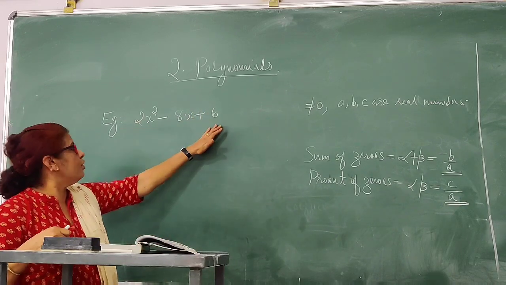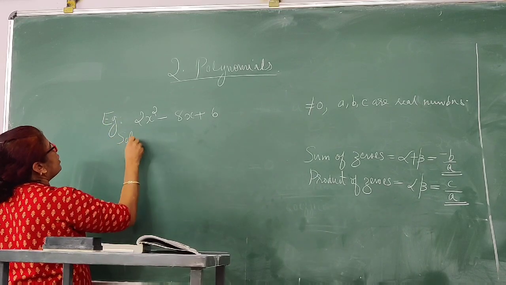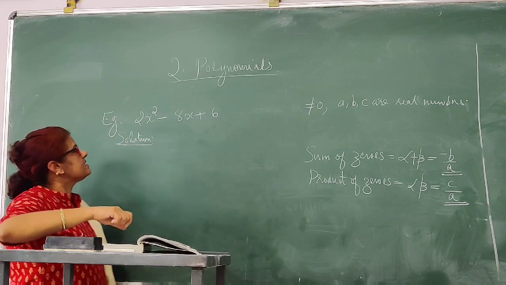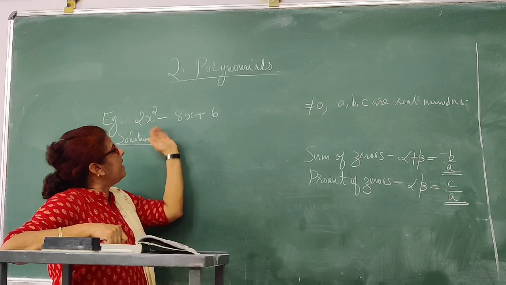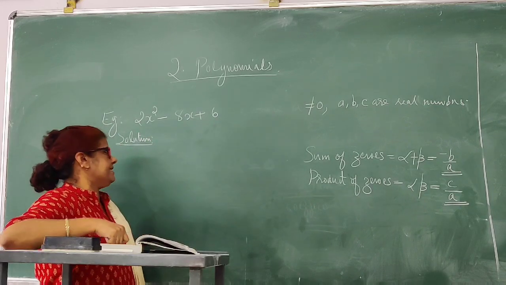This is a quadratic polynomial in one variable x. Then we are going to solve this. The question is: find the zeros of this quadratic polynomial and verify the relationship between the zeros and the coefficients.